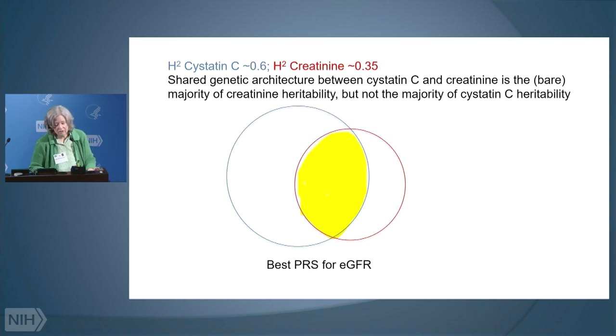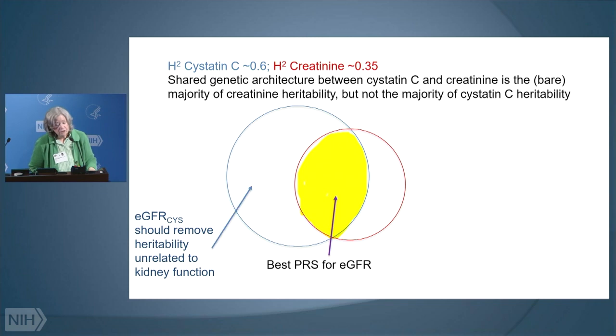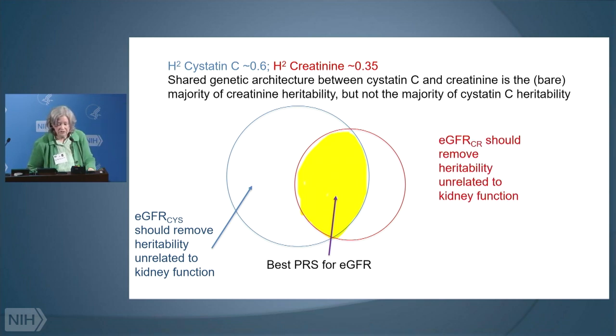And so, you could do a PRS that's just about that shared genetic architecture that really is telling you about the likelihood of future kidney failure. But you could do an eGFR, estimated glomerular filtration rate versus cystatin C, removing everything that isn't shared across these biomarkers.